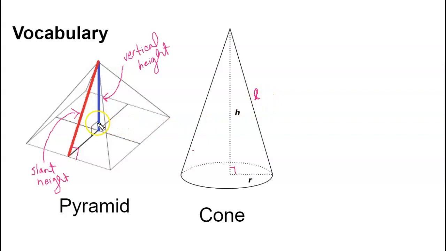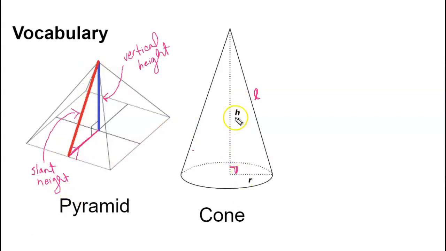It's important to notice that the relationship between those two heights has to do with the radius of the circle, or in this case, the distance from the center of that base polygon to the midpoint of the edge. It makes a right triangle.